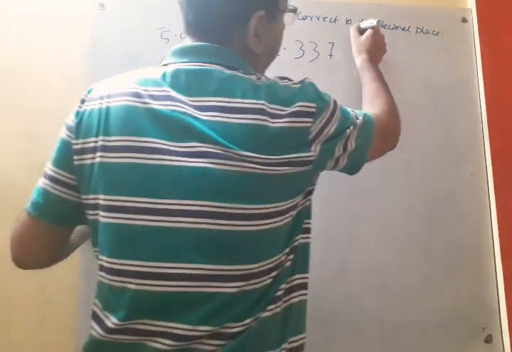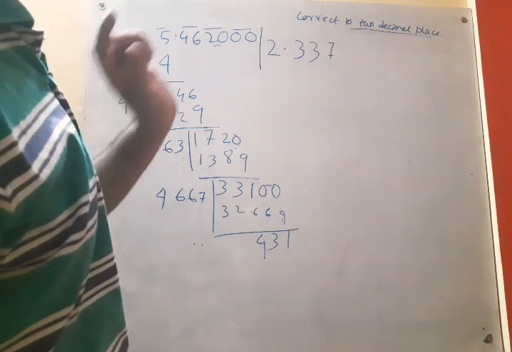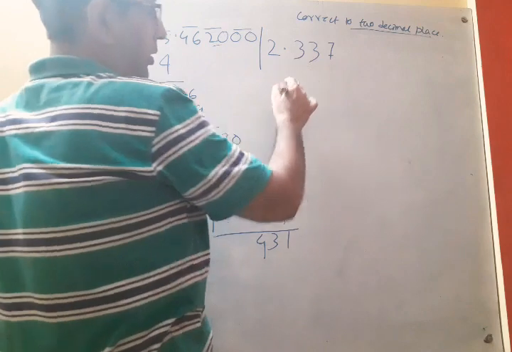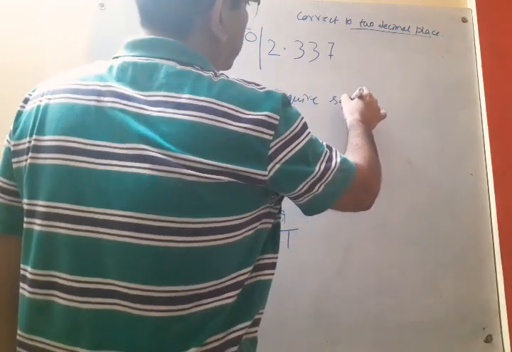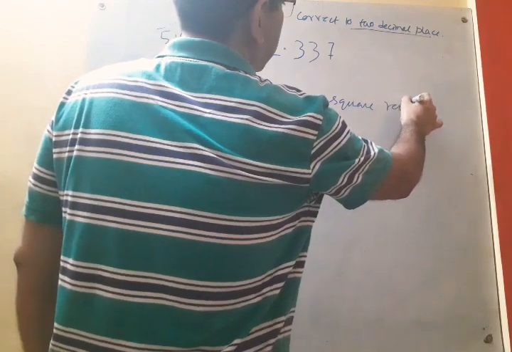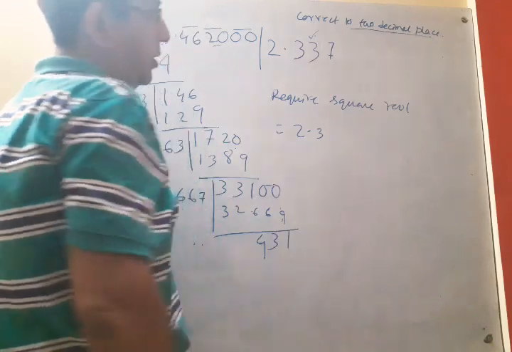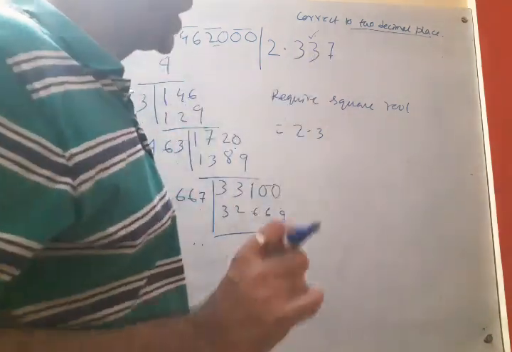But I have to write correct to 2 decimal places. Correct to 2 decimal places we have to go. So here already I have taken 3 decimal places. Now the required square root equals 2.3. So this is the 2 decimal place. Now after 3 there is 7 which is more than 5.